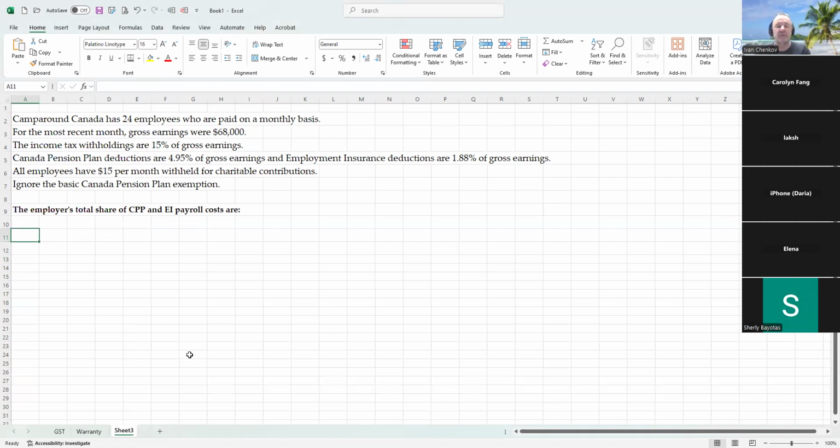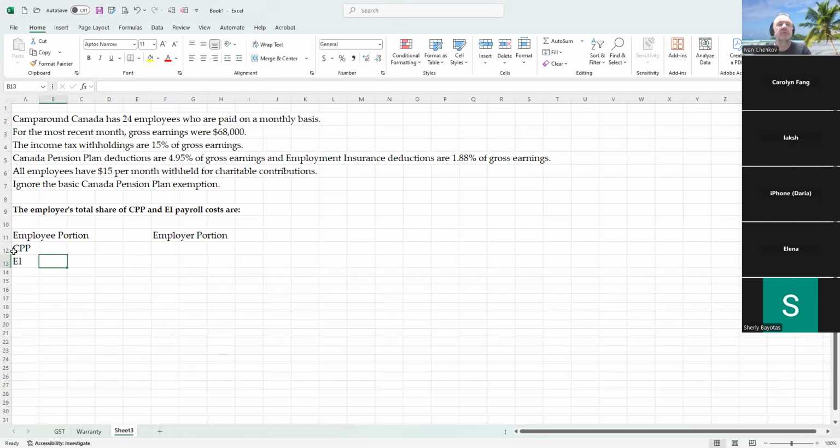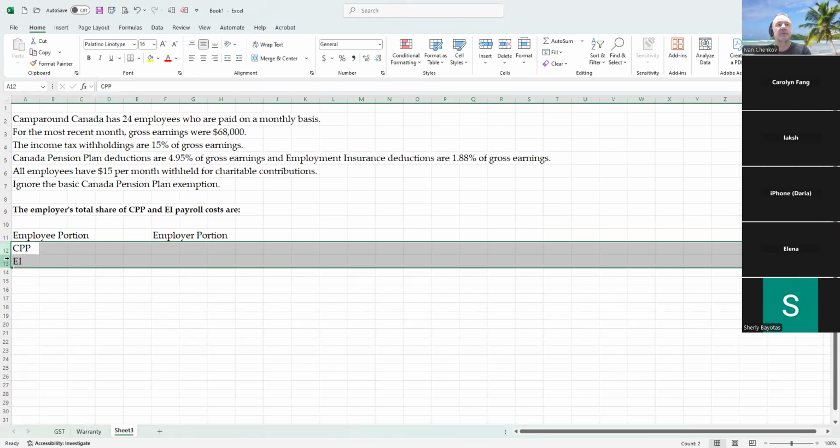First, we're going to get the employee portion, and then we're going to get the employer portion. Both have Canada pension plan and employment insurance. Those are the two things that we're chasing.